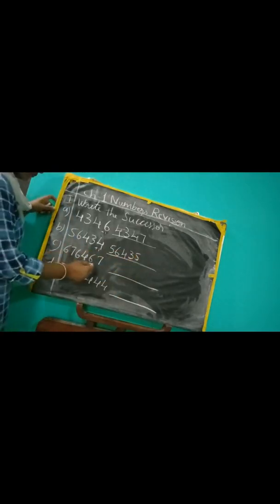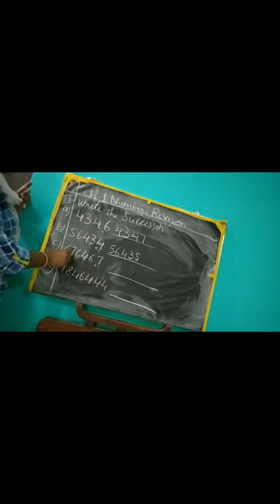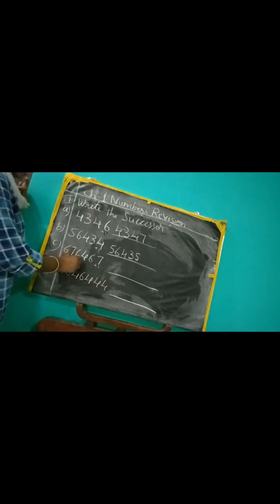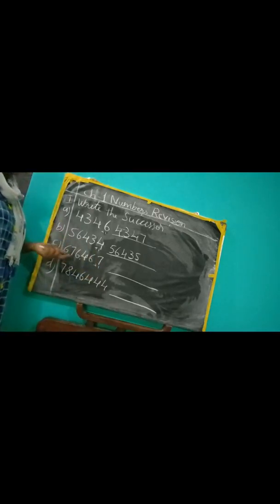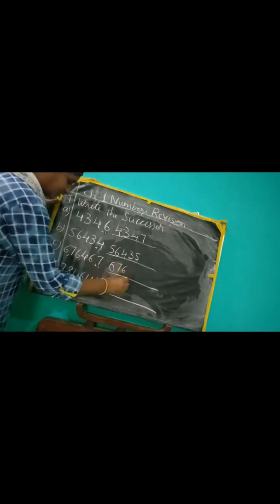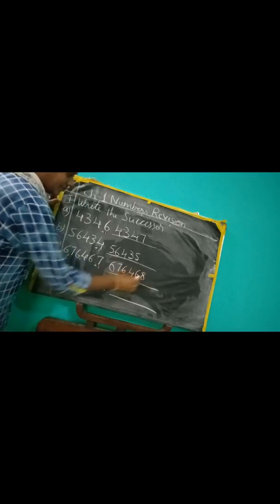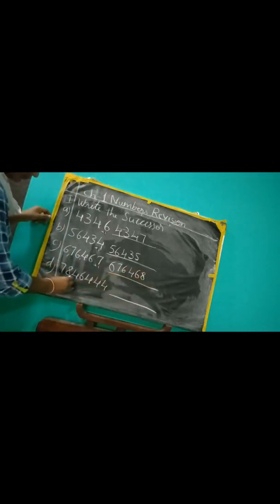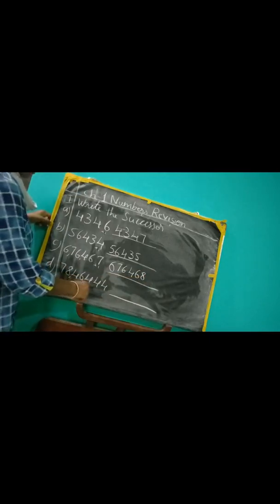56,435 is the next number. Next, in this number we should add 1 again. What is that? 6,76,467. After this number, you should add 1: 6,76,468. Understood? Here, 78 lakhs 46,444.